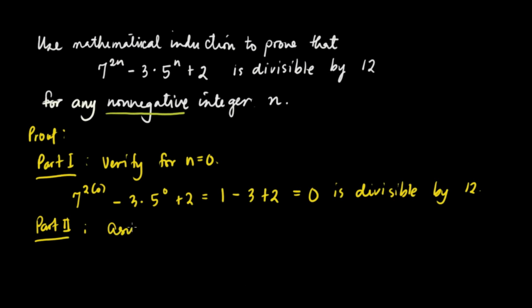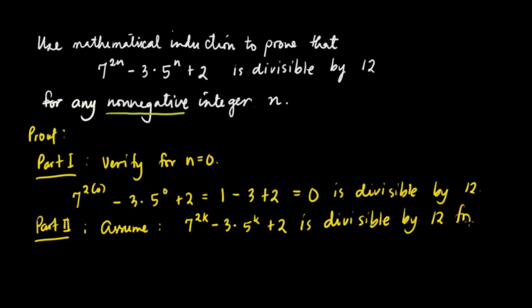we're going to assume that 7 raised to 2k minus 3 times 5 raised to k plus 2 is divisible by 12 for some non-negative integer k.